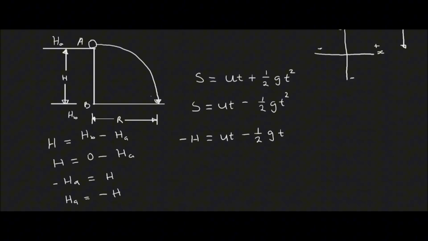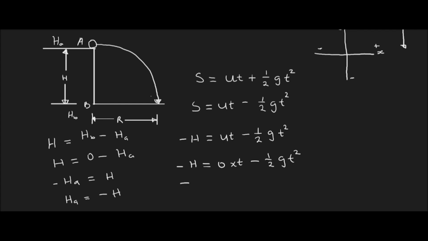But I want you to understand also that the object is rolled horizontally. If the object is rolled horizontally, the initial vertical velocity of the object is zero. So if we substitute zero into this equation, our u is the initial vertical velocity of the object. That means we now have minus h equal to zero multiplied by t minus half gt square.